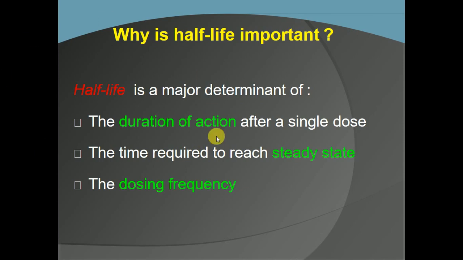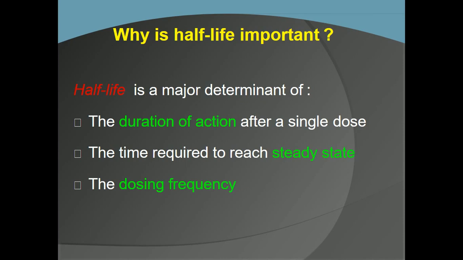The second one is the time required to reach the steady state concentration. Now what is steady state concentration? Steady state is the state when the rate of administration of the drug is equal to the rate of elimination.